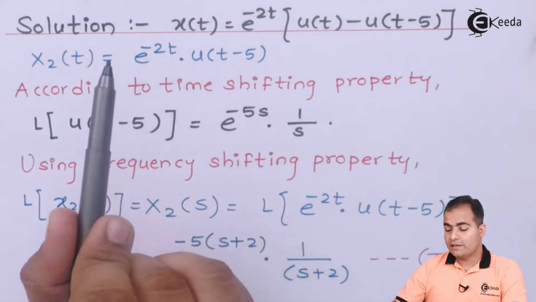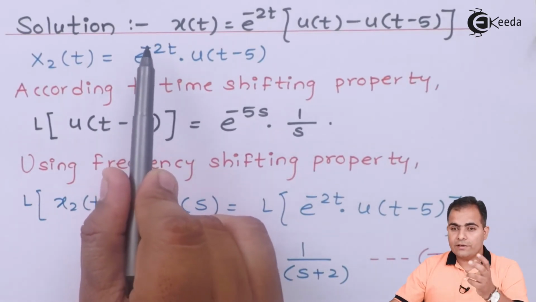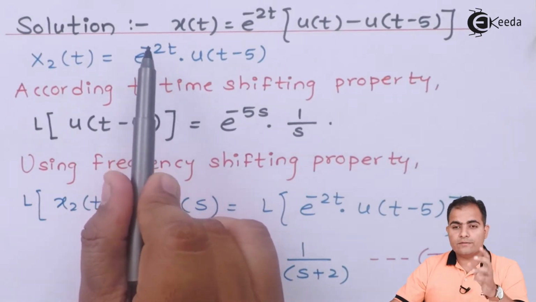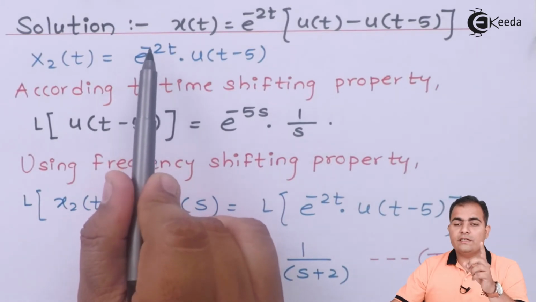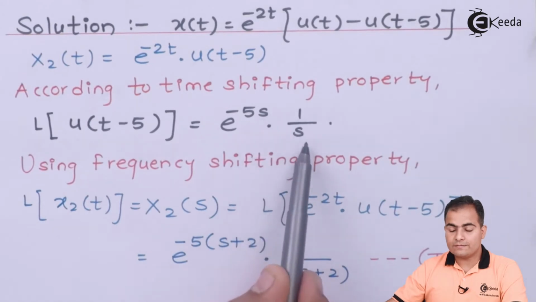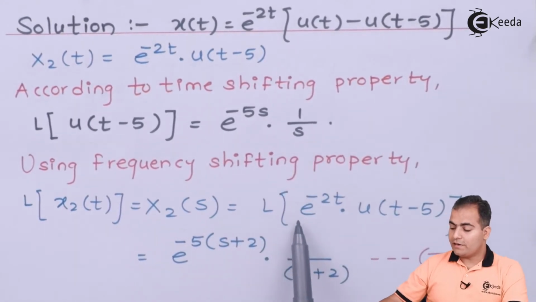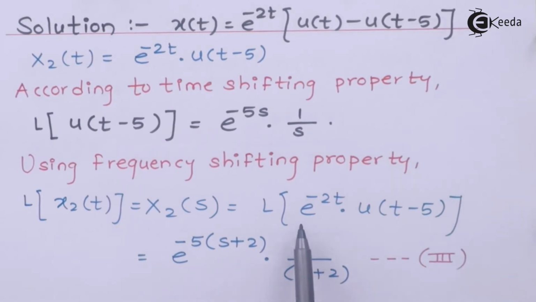The minus sign represents the delay, so we will add 2 to each and every s. So look at here, all the s is replaced by s plus 2. If we apply the Laplace transform to this, what we get is e to the power minus 5 times s plus 2, whole divided by s plus 2.